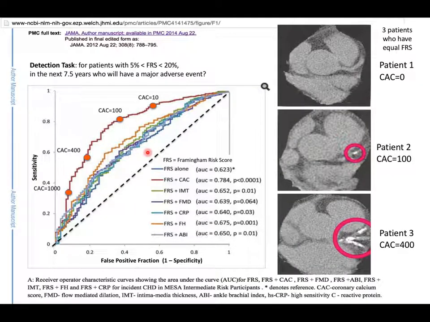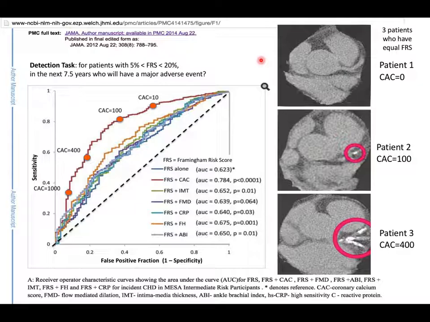Talking about calcium, these are 3 patients who basically have exactly the same Framingham risk score. And so the Framingham risk score for whether or not you're going to have a heart attack in the next 10 years is based on about 6-7 parameters, which are your age, blood pressure, your LDL level in your blood.